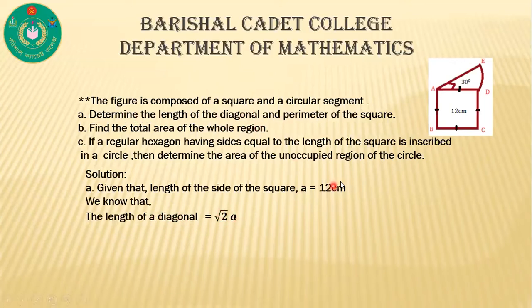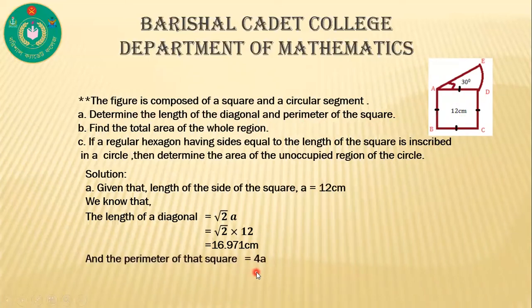Here a is equal to 12. Now putting this value, then we can write root 2 into 12 is equal to 16.971 centimeter. And we know the perimeter of a square is equal to 4a. Now putting this value of a, then we can write 4 into 12 is equal to 48 centimeter.